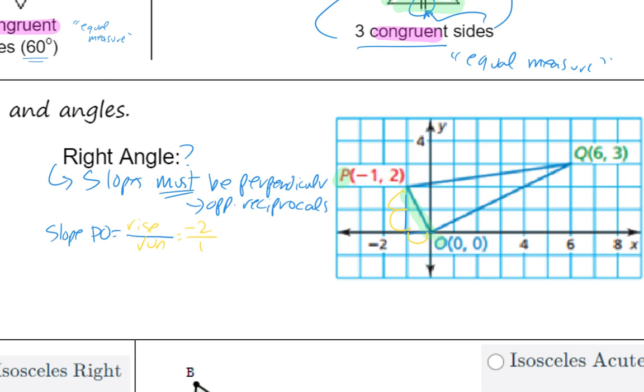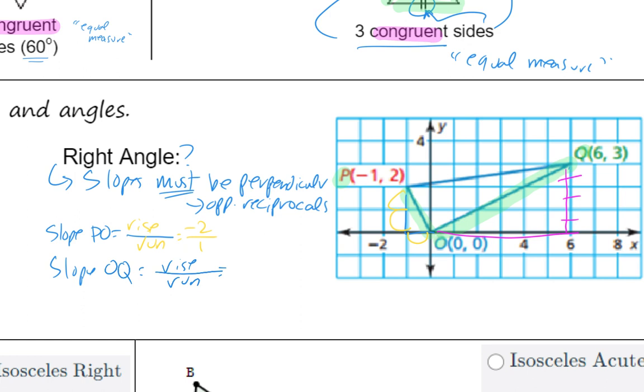Well, what about the slope of this one right over here? That would be OQ. The slope of OQ is rise over run. Let's make a slope triangle just like that and calculate. Rise would be 1, 2, 3.